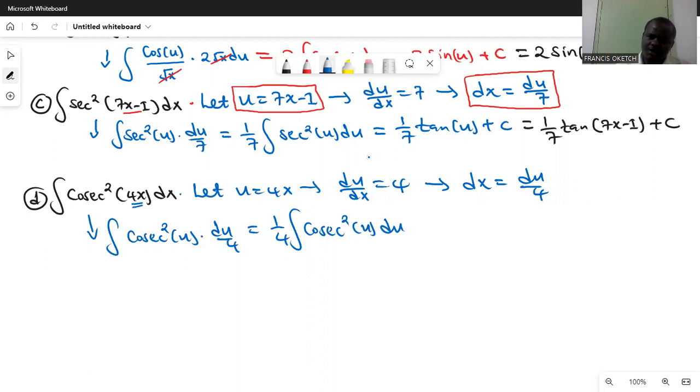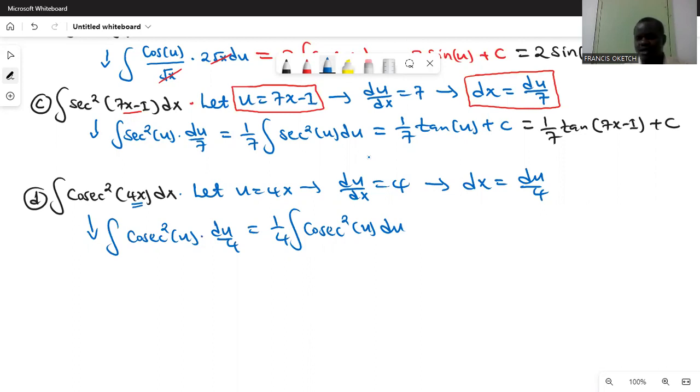So what did you differentiate to get cosec squared u? Remember that derivative of cot u gives you negative cosec squared u. So for you to integrate cosec squared u, the answer will be negative cot u.